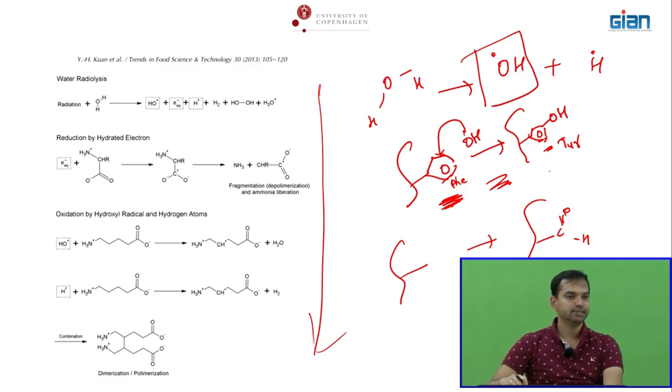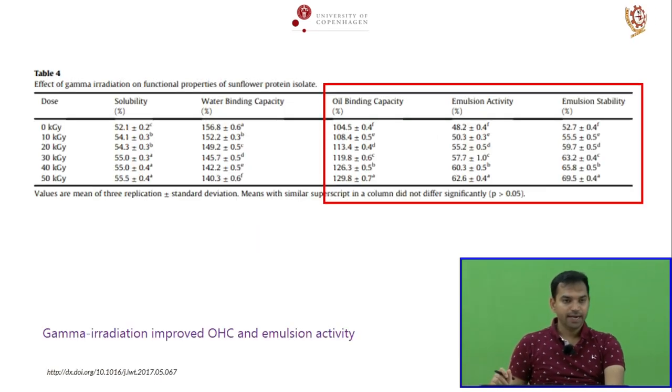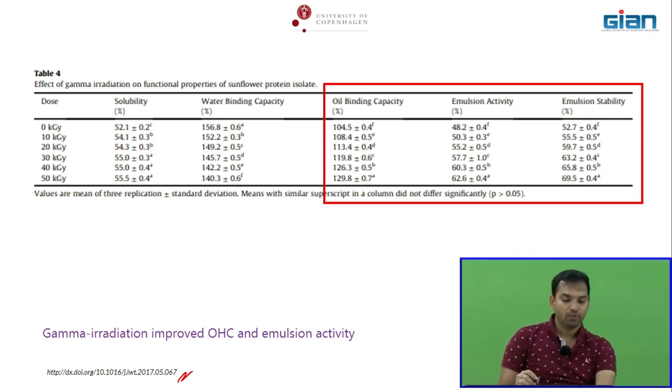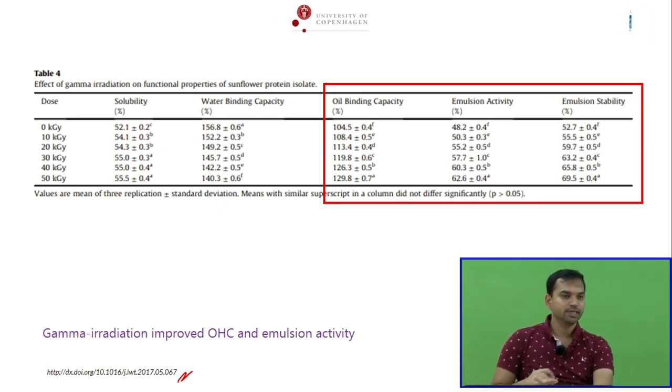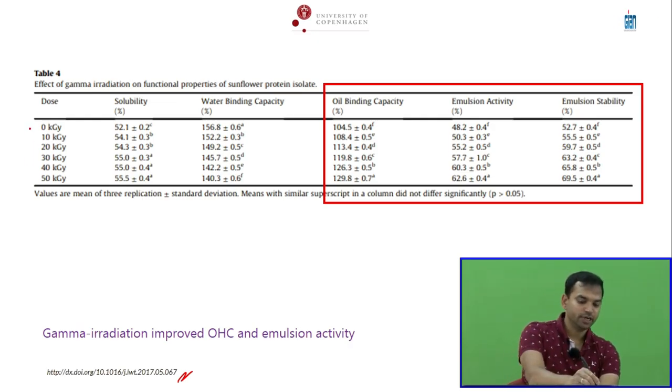You're changing the primary structure, protein unfolding takes place, and you have a new protein basically. And here is a nice example. They show how you can change the techno-functional properties. One of the good things we can observe, don't read all the diagram, all the words, all the values here, it's not interesting. Just look into the conditions.